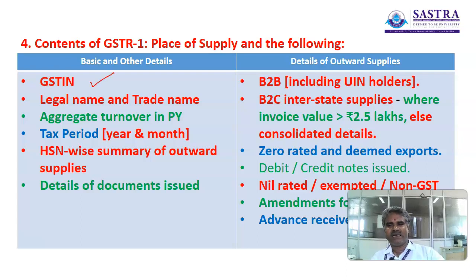GSTR number, legal name and trade name, aggregate turnover of the previous year, tax period, year and month, tax-wise summary of output, details of documents issued.